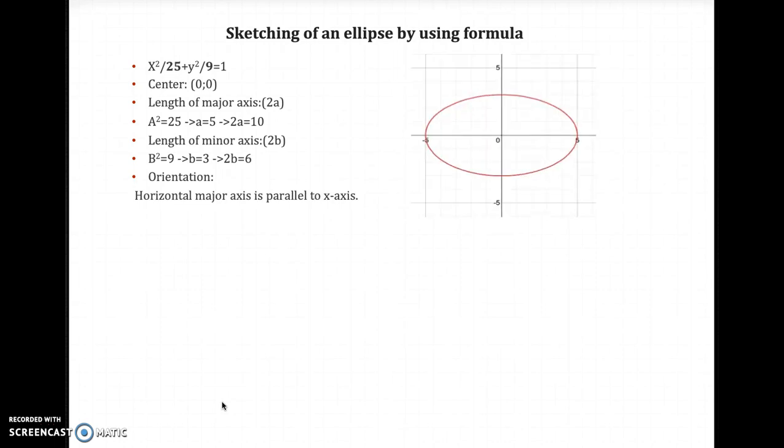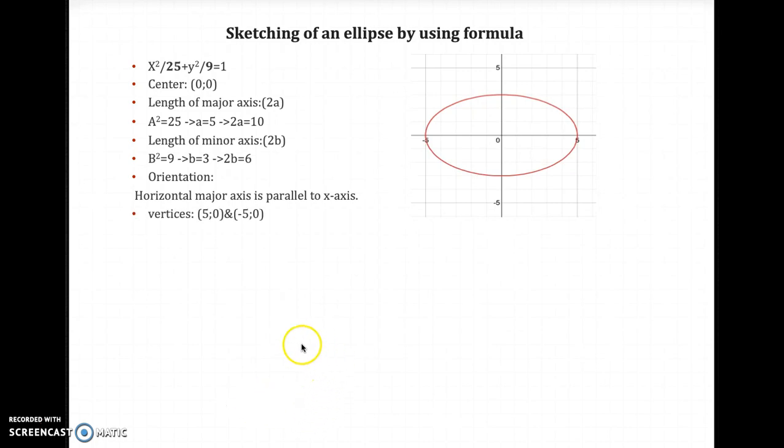The length of the minor axis is 2b, b squared equals 9 and b equals 3, so the length of the minor axis is 6. Orientation is a horizontal major axis, parallel to the x-axis. So our graph is going to look like this.